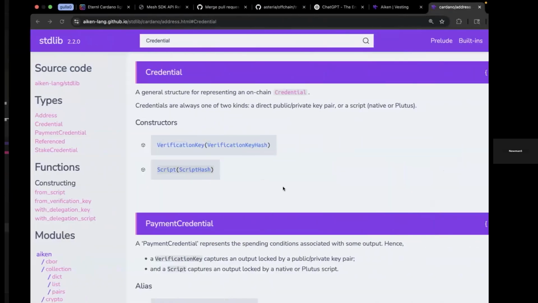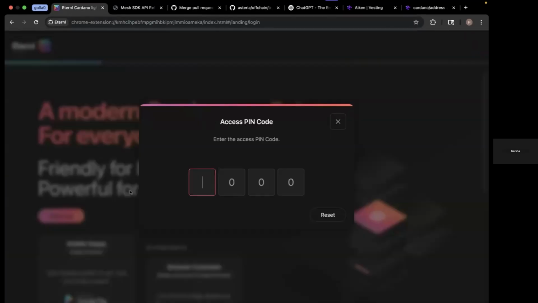So for that example, in my local verification key, does it mean that I control the private and public keys?